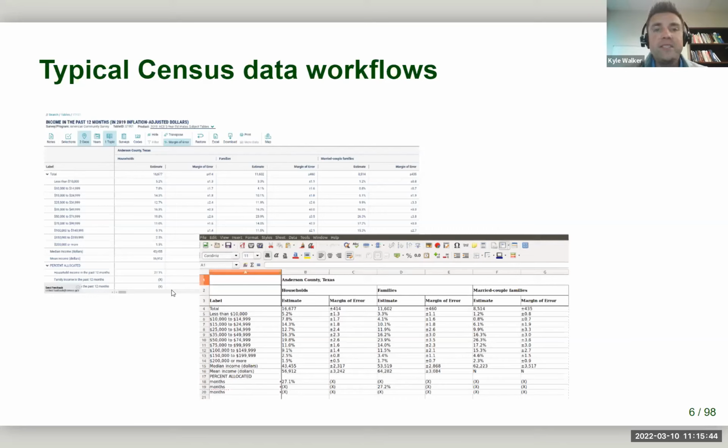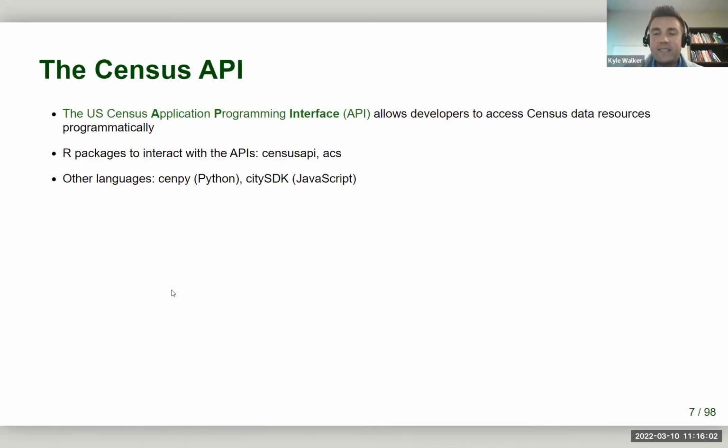And that's typically the workflow that I commonly would work with, mostly with the old American Fact Finder website. And eventually, as I got more and more into working with R, I wanted to think through ways that this process could be automated. And I came across some resources and some packages for working with something called the Census API, or Application Programming Interface.